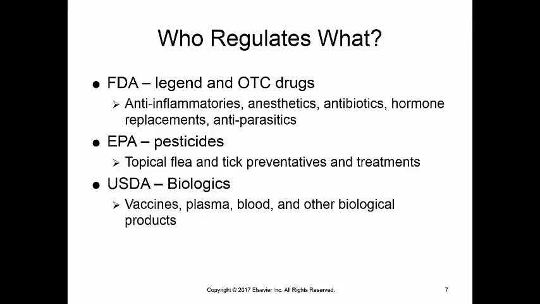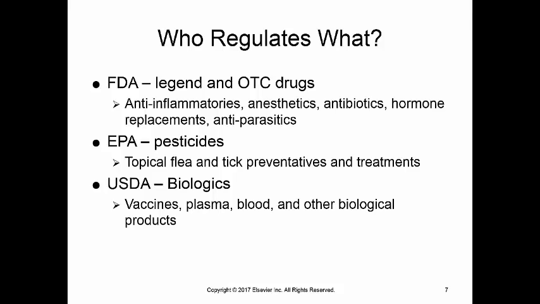Very important when we're starting to look at things like vaccines, drugs, and pesticides is who regulates what. So the Food and Drug Administration, known as the FDA, is over top of, in veterinary medicine, all legend and over-the-counter drugs.